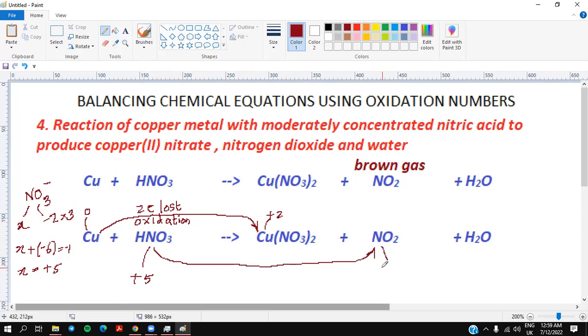If I write +4 for nitrogen, I don't think it's difficult for you. What happens to nitrogen now? It undergoes reduction. In this reduction, you gain 1 electron. 1 electron is gained.